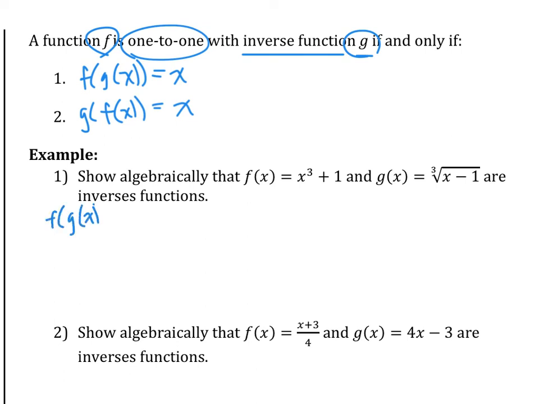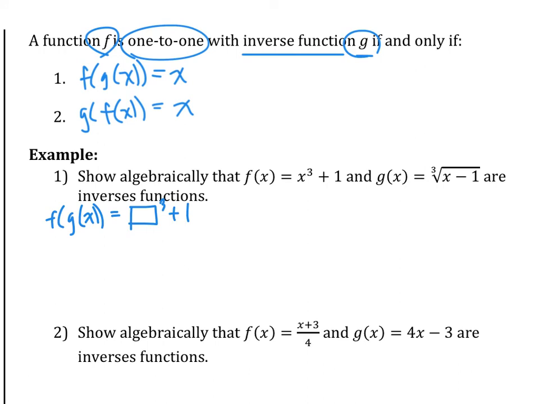I know a lot of people struggle with composing, so we're just going to take one step at a time. So we're going to put g inside f. I'm going to use f as a skeleton, which means I'm going to write x cubed plus 1. But I know I'm going to substitute x as something else, so I'm going to write it as a box. So box cubed plus 1.